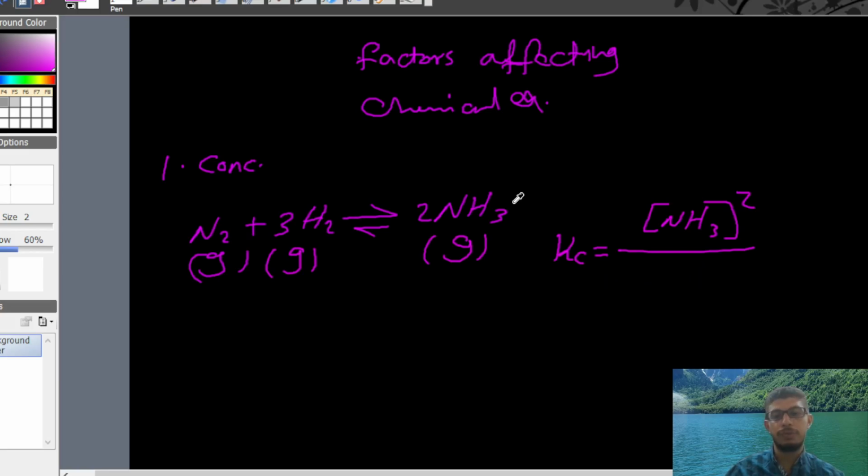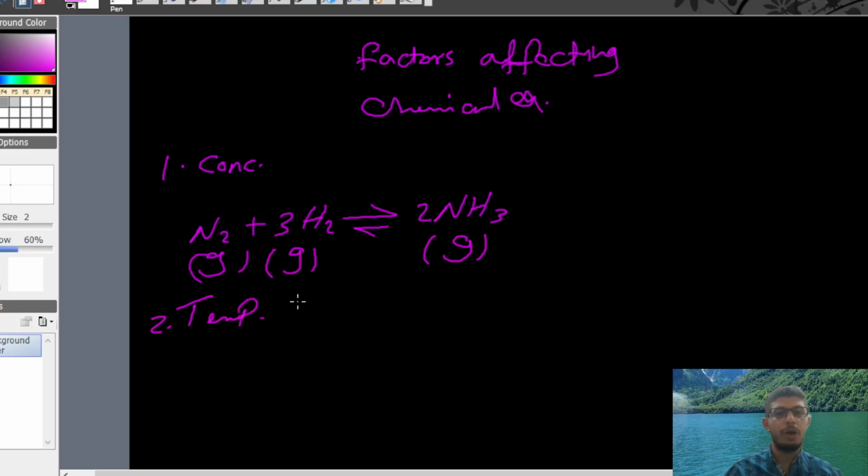I will move into the effect of temperature. So, second, the effect of temperature on the chemical equilibrium. Let's consider this reaction to be exothermic. So I will write it, same reaction: nitrogen plus hydrogen to give ammonia. Let's consider the formation of ammonia is an exothermic reaction.